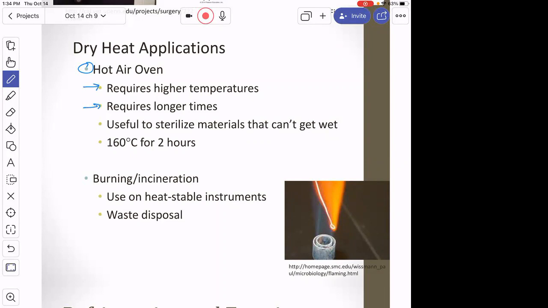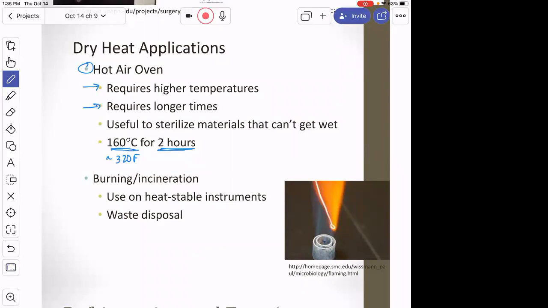But again, you can use it for things that can't get wet. Usually you'd bring the temperature up to 160 degrees Celsius, which I think is like 320 or 340 degrees Fahrenheit. So it's not super hot, but you've got to leave it like that for a couple hours in order to have the same sterilizing power as an autoclave.